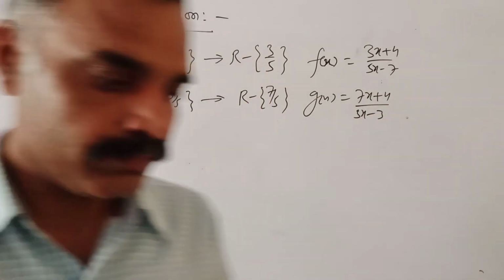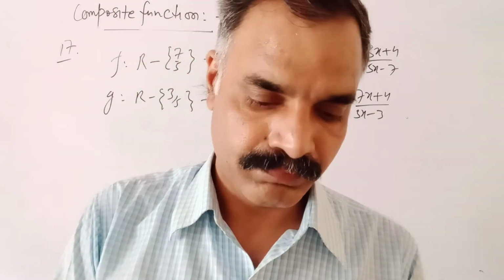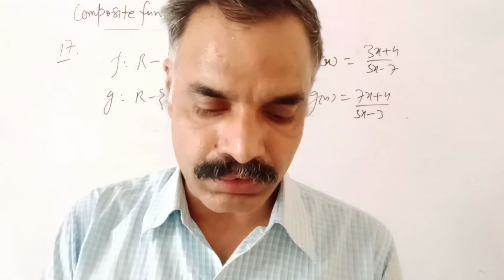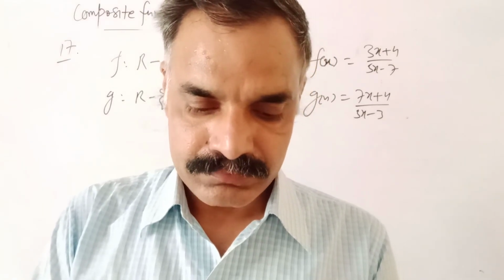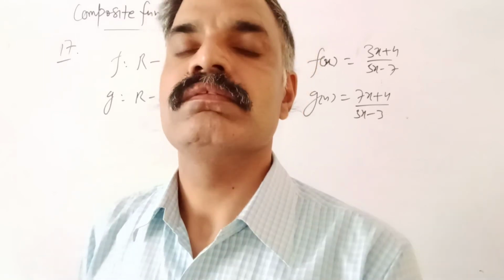Therefore, fog equal to I_B and gof equal to I_A, the identity functions on sets A and B.